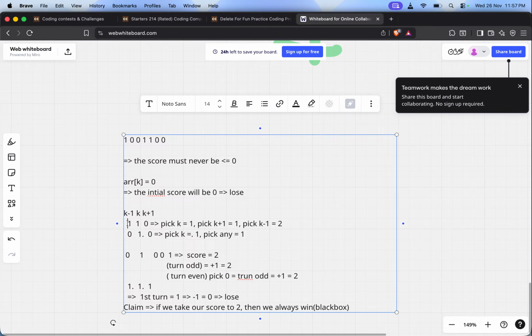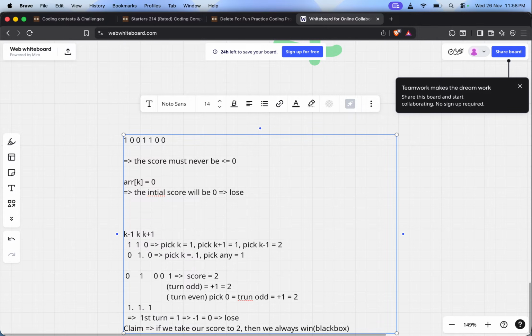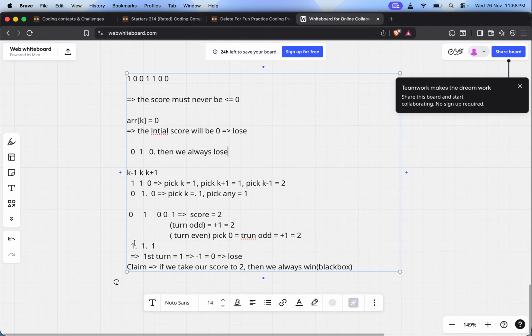So if this is the scenario, we reach the score 2. If this is the scenario, we reach the score 2. And if this is the scenario, we lose always. So losing conditions are clear by now. If the kth element is 0 itself, or the kth element is 1, but both of its neighbors are zeros, alright, then we always lose.